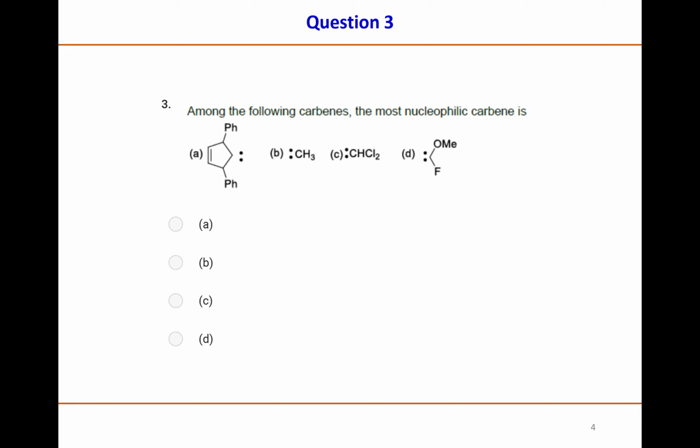The basic thing is that a nucleophilic carbene should have electron donating groups next to the carbene carbon. So the divalent species should get electron density from the nearest atom. Now we will write this one in an open form, then it will be more clear this way. Here we have phenyl rings.